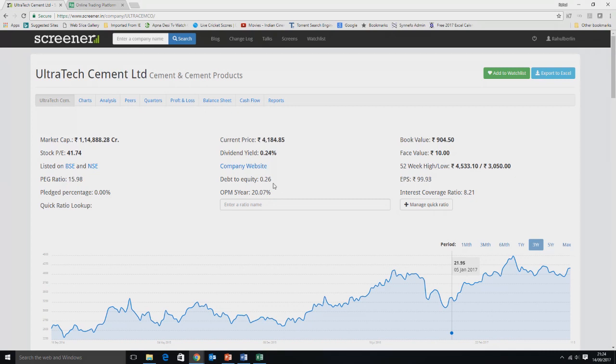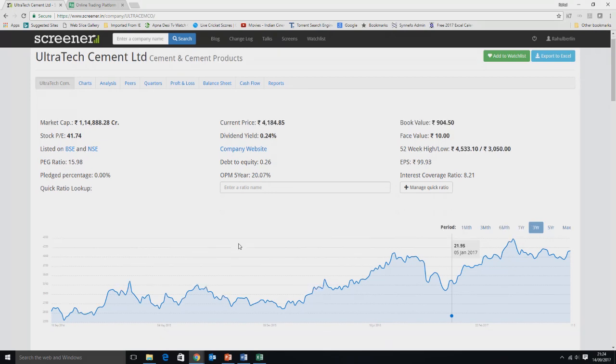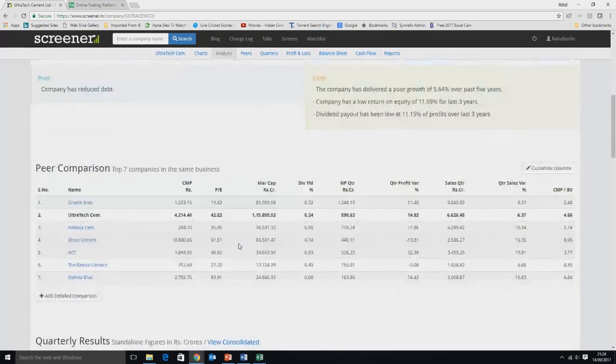Debt to equity is very fine. Interest coverage ratio is also very fine, right? But this company is very much overvalued as per all its other fundamentals. And it has delivered poor growth over 5 years, low return on equity.